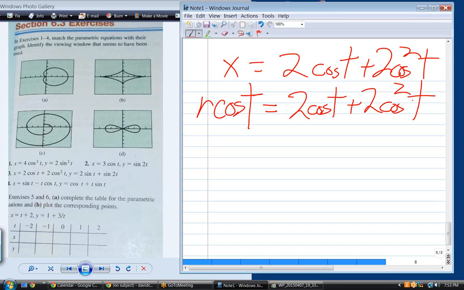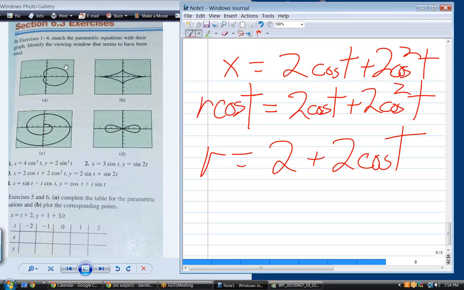Well, I can divide everything by cosine of t, and I'm left with r equals 2 plus 2 cosine of t. And that is the equation of a limaçon curve, which is this top left one.